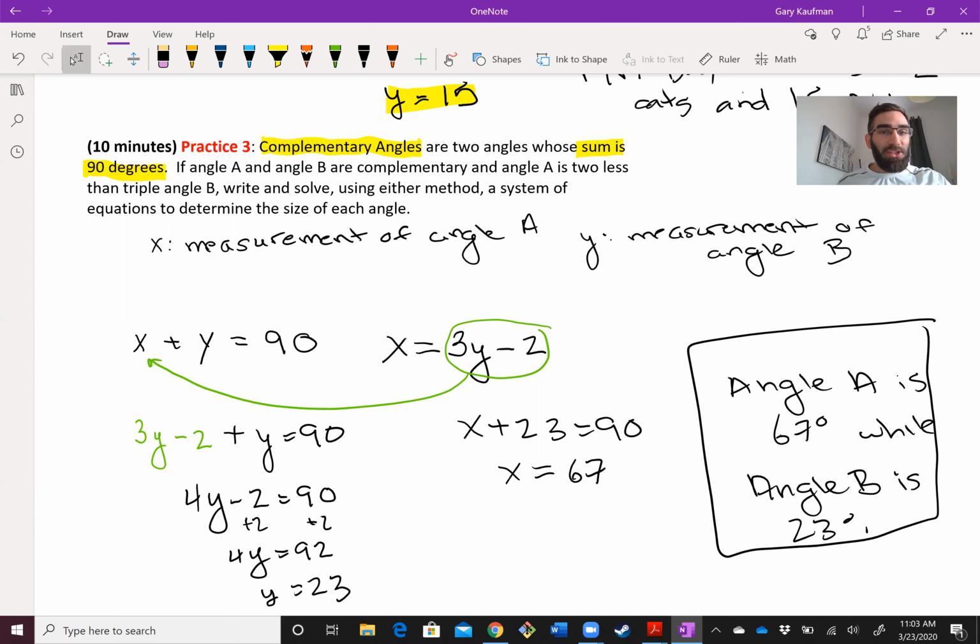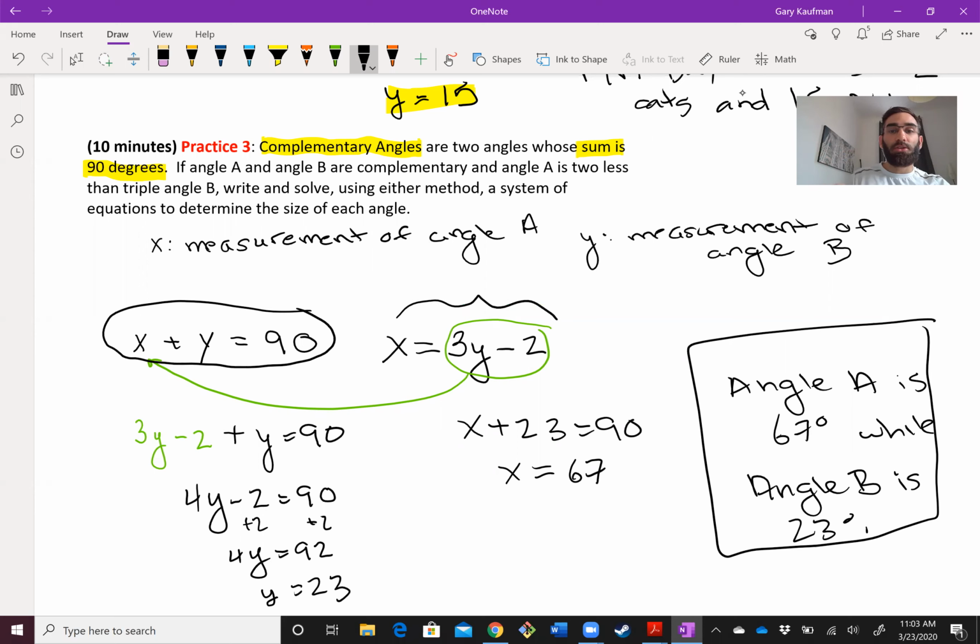Since they are the measurements of 2 angles, what we're seeing here is this one right here just represents the fact that the 2 add up to 90. They are complementary. Whereas this one shows the comparison between the two. All right, we found y by substituting. I then found x by substituting, and I wrote my sentence.